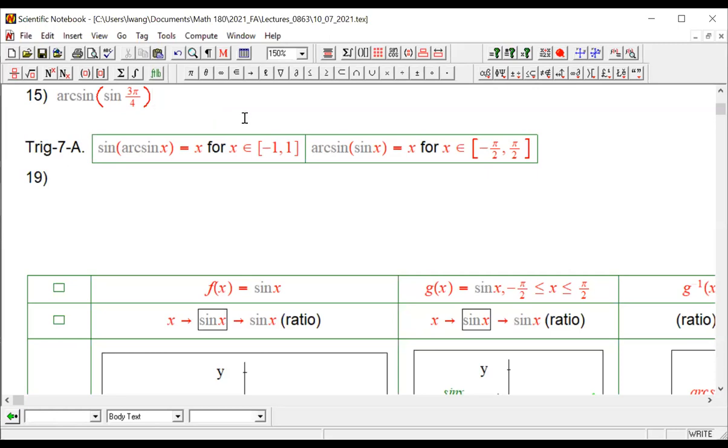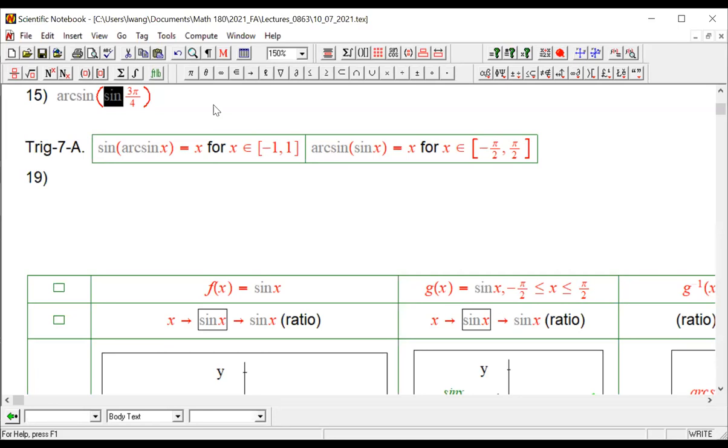Is sine defined in the second quadrant? No. But looking at 3 pi over 4, it is considered in the second quadrant. Well, I mentioned earlier, whenever you see sine, it refers to the sine we know of.